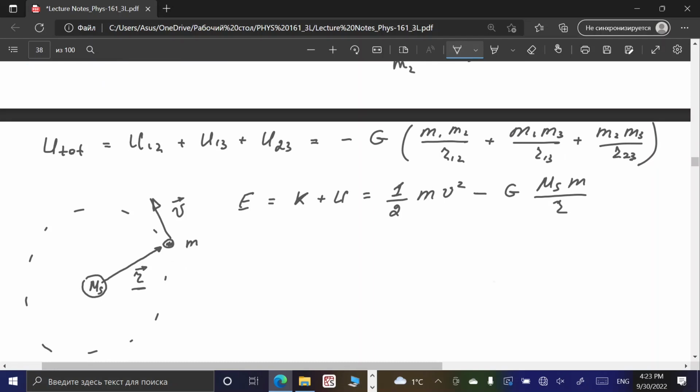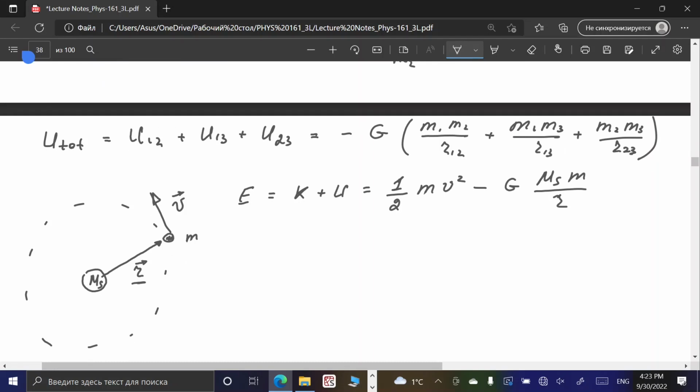So now let us come back to the previous statement when we considered a stationary orbit. What conditions should be satisfied for a stationary orbit? We introduced this condition when we considered Kepler's third law.